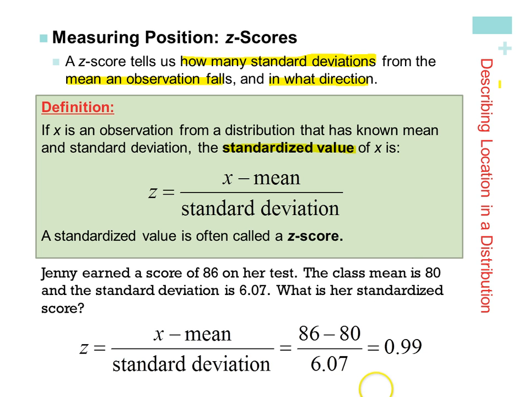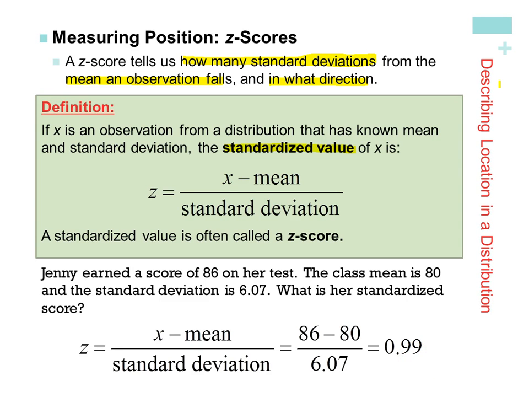Direction, don't forget direction. Positive means above the mean, negative means below the mean, and that has everything to do with the order we're subtracting in the numerator. And we'll find out if one standard deviation away is good or not that far away. That'll all come when we start talking about normal curves.